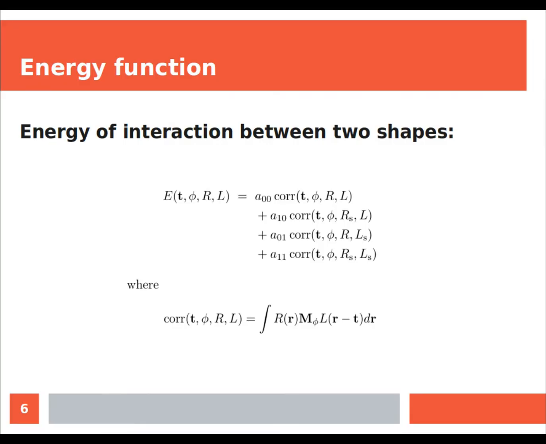We set the interaction energy between the 2 shapes to be a linear combination of the correlations between the shape boundaries and initial images. Incidentally, this choice corresponds to the first published protein-protein docking algorithm by Katchalski-Katzir.